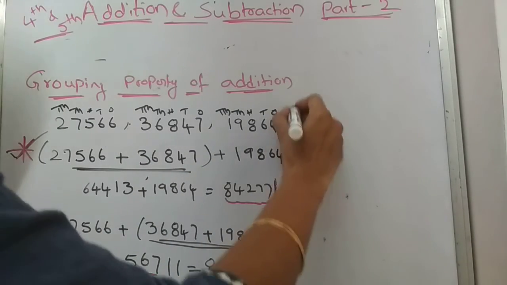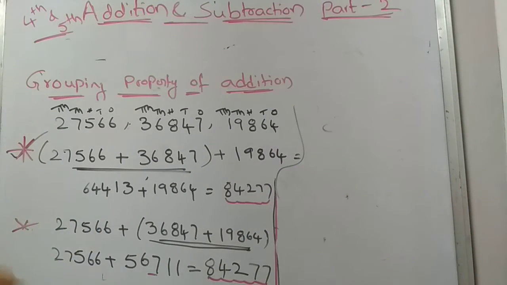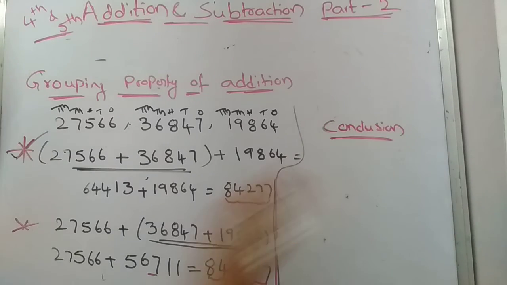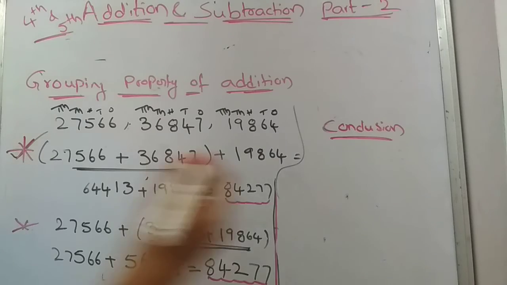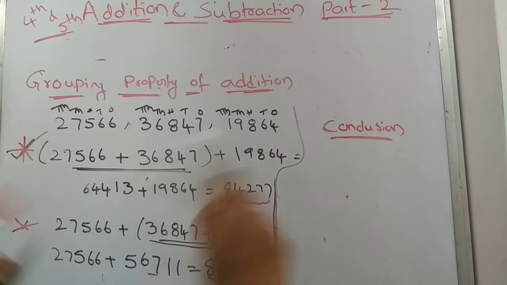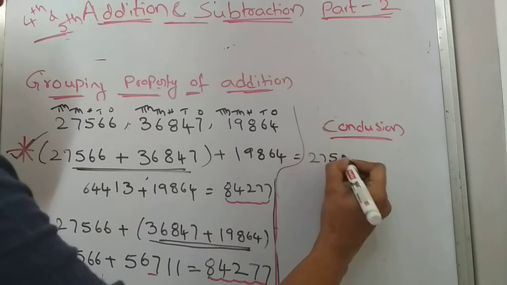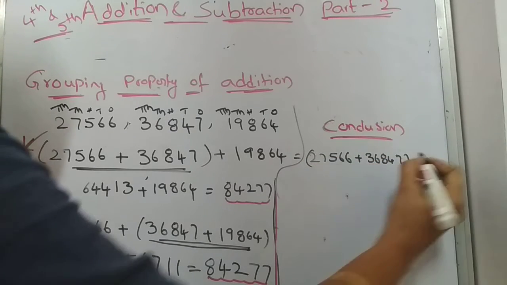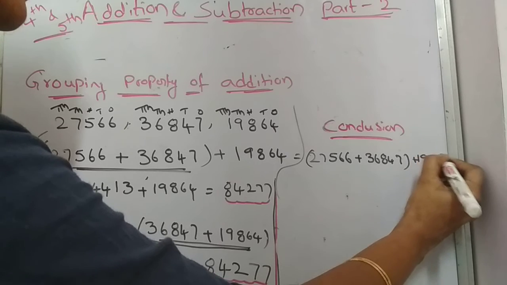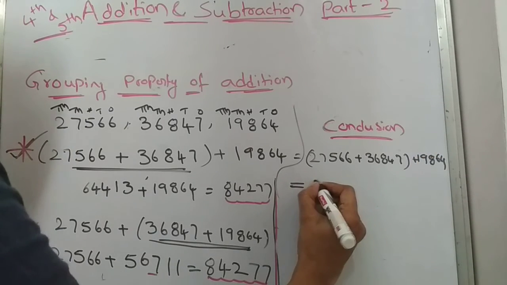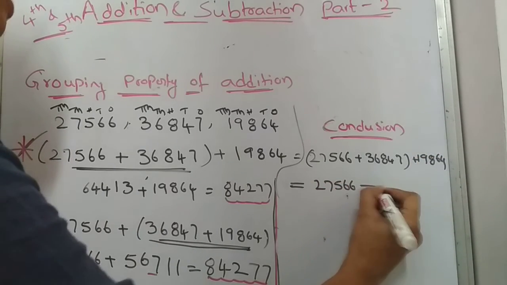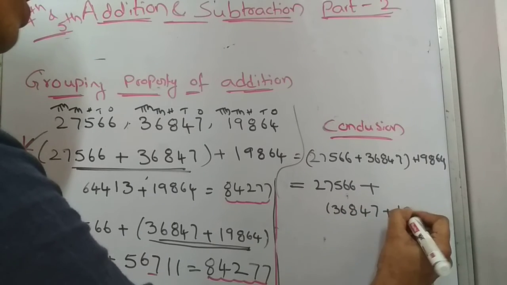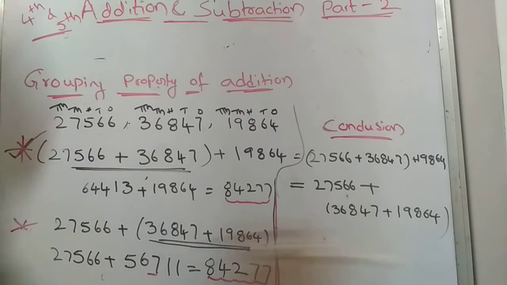What is the conclusion here? 27566 plus 36847 plus 19864 equals 27566 plus 36847 plus 19864, with different groupings. Now clear, right?